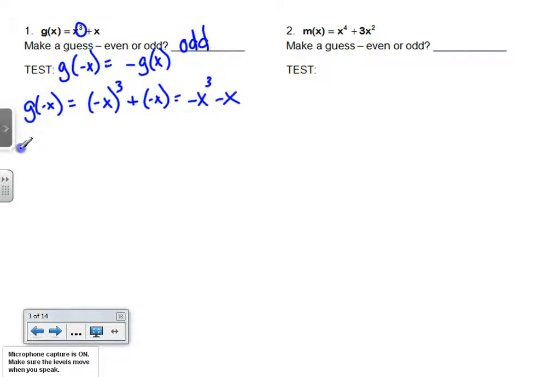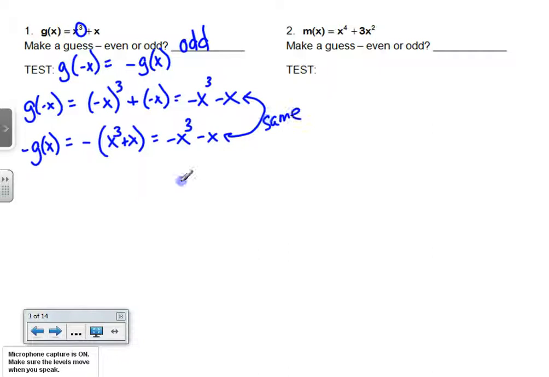When I compare that to negative g of x, which would be my g with a negative out in front of it, notice what that does is it just switches everybody's sign. And you should now notice that, yes, indeed, those are the same. So yes, this is an odd function. Kind of an interesting way to use an algebra proof. It's not an official proof, but this is good enough for me.